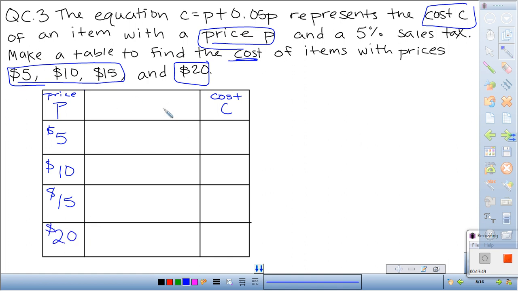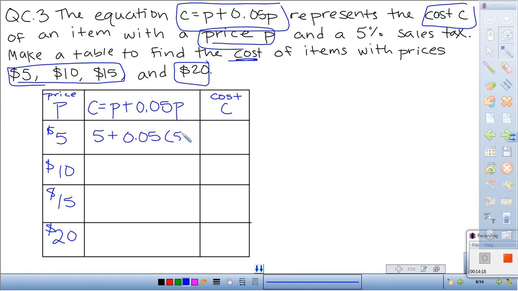Now what goes in the middle? Well, our equation goes in the middle because we have to use this equation to find our cost. So we have C equals P plus 0.05 P. And we know all of our prices, and so we're just going to plug in our prices for P, or substitute our prices for P in order to find C. So I have, and you can leave out the C really, 5 plus 0.05 times 5.